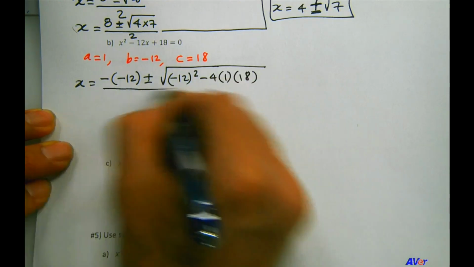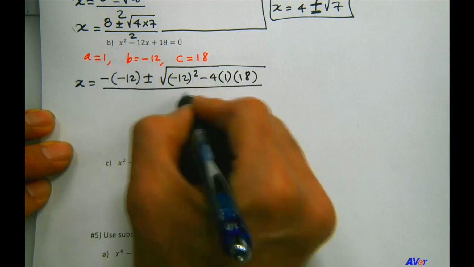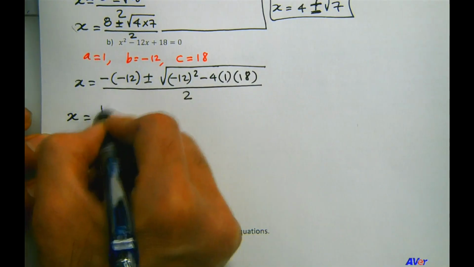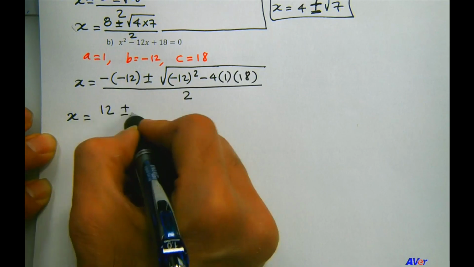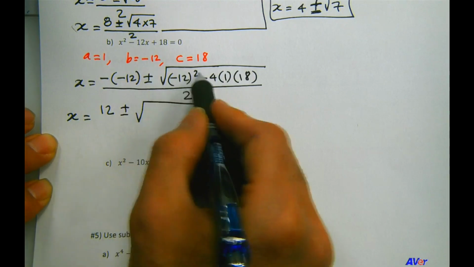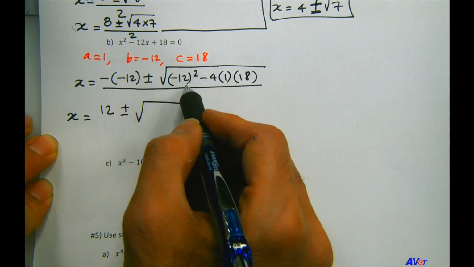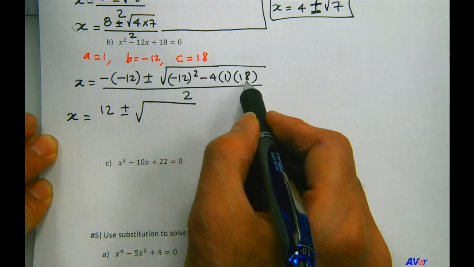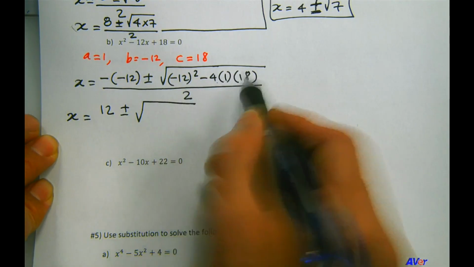And all of that over 2 times a, or 2. Okay, so we have minus minus 12 is positive 12, plus or minus. What do we get here? We get minus 12 squared is positive 144, minus 4 times 1 times 18, that's 72.